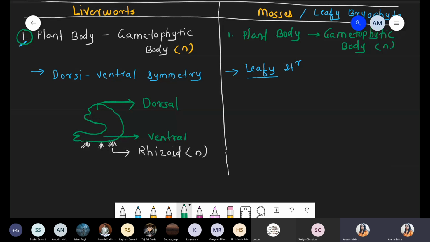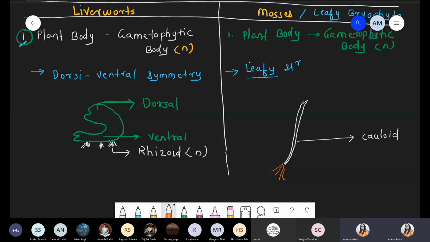Now we are talking about the leafy structure in case of mosses. A stem-like erect structure provides support, the caulid.